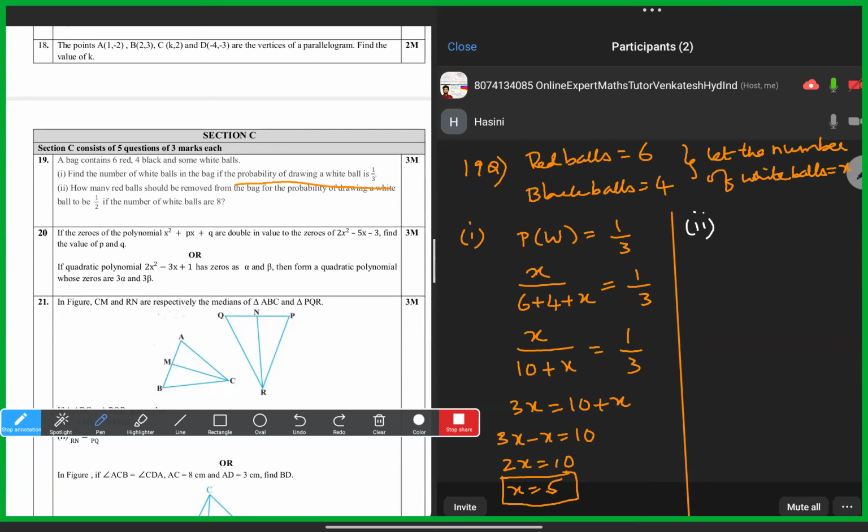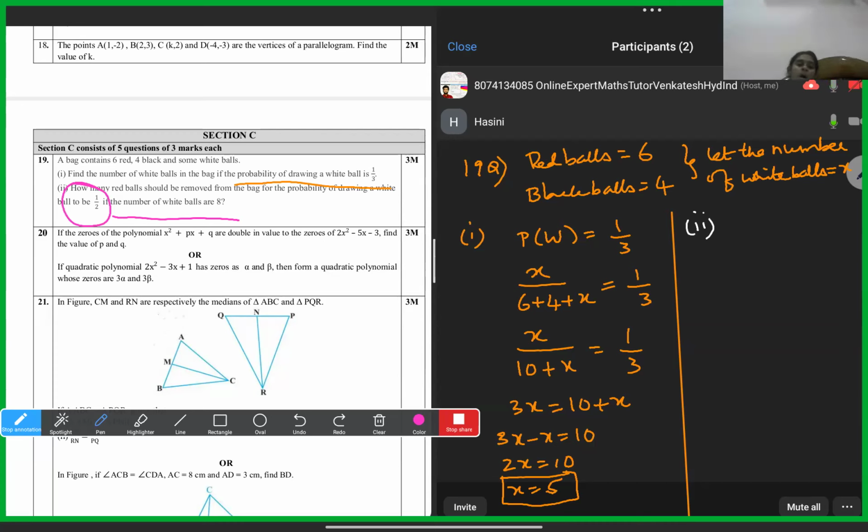If they remove some red balls from the bag, the probability of white balls will become half itself. In that situation, the number of white balls is 8.